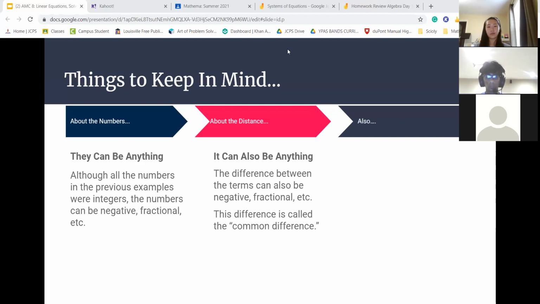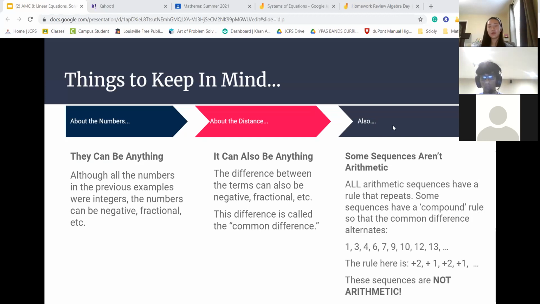And lastly, some sequences are not arithmetic. All arithmetic sequences have a rule that repeats, so the common difference can't alternate. If you look at this one, 1, 3, 4, 6, 7, 9, 10, 12, 13, you first add 2, then add 1, then add 2, then add 1. Here we're still adding, not multiplying.